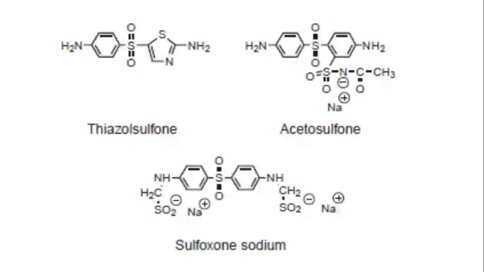What we have studied regarding SAR is that if we replace one benzene ring, it results in thiazole sulfone. Then if we add the acetyl group to dapsone, it results in acetosulfone. And we have studied sulfoxone sodium, which inside the body is converted into dapsone. So these all are metabolic products of dapsone.